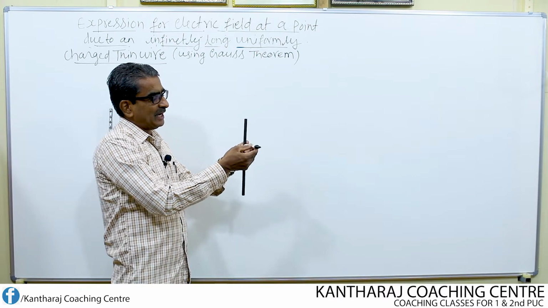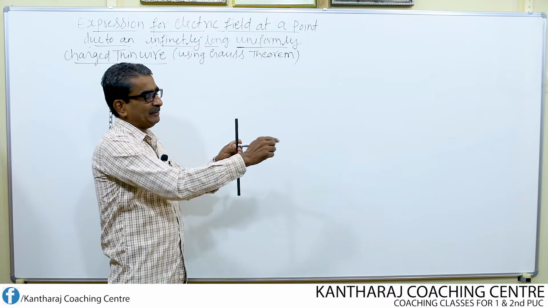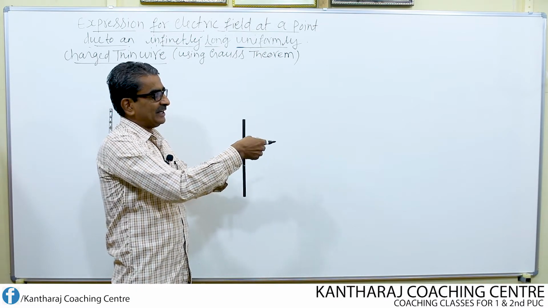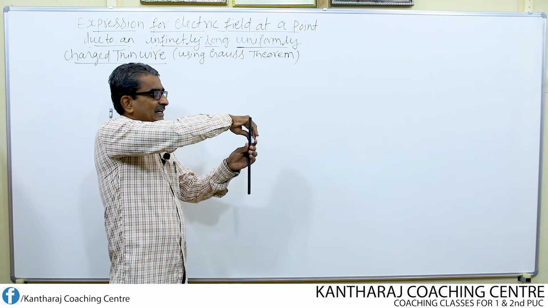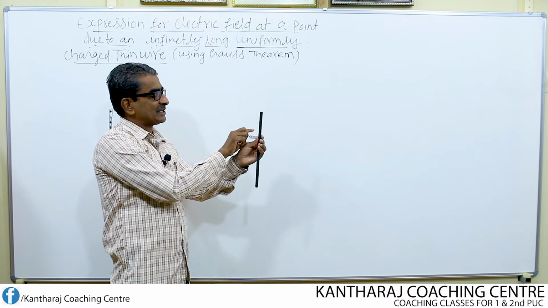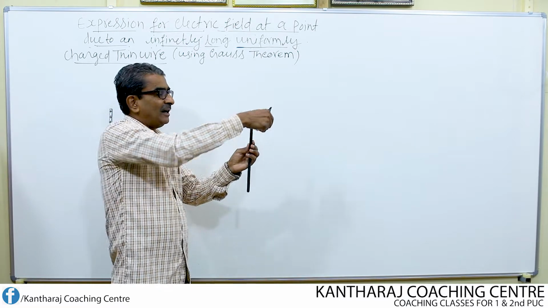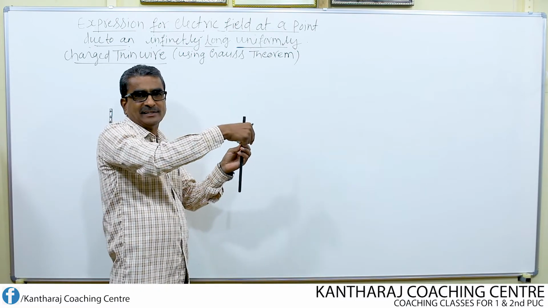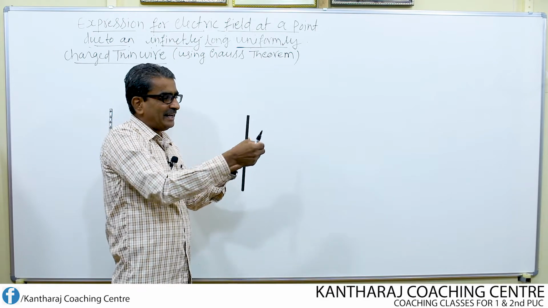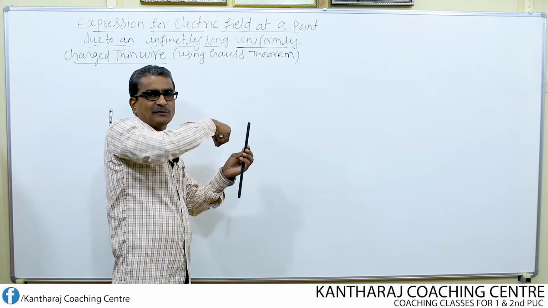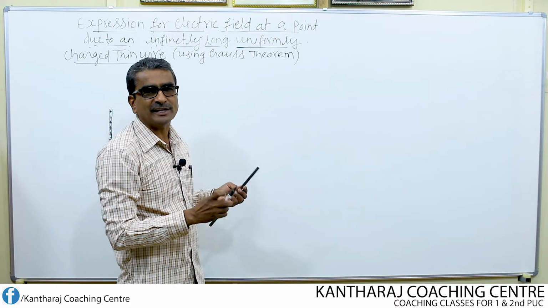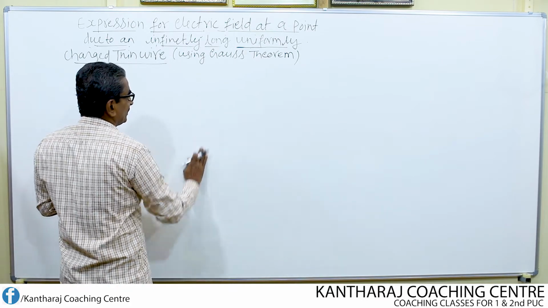What about the electric field at this point? It will be in this direction. Here it will be in this direction. At the back it will be in this direction. So all around this wire, at the same distance, the magnitude of the electric field remains the same. Let us draw one simple diagram.